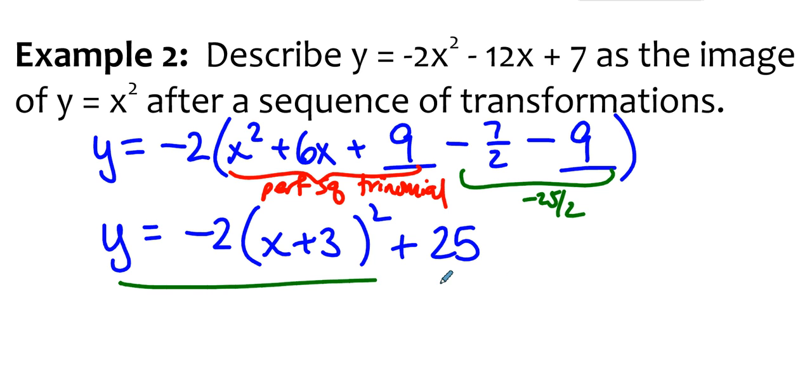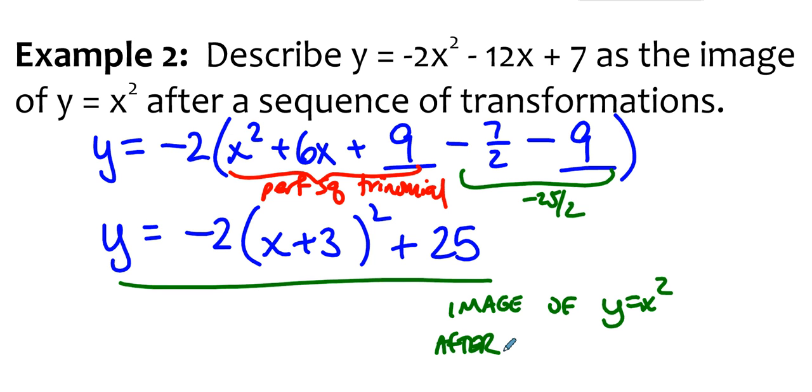So this parabola is the image of y equals x squared after, well, 3 things happen. What are the three things that happen? There's a dilation vertically by a factor of 2, and then there's a reflection over the x-axis, and then it's translated 3 to the left, 25 up, right? It's translated 3 to the left, 25 up.